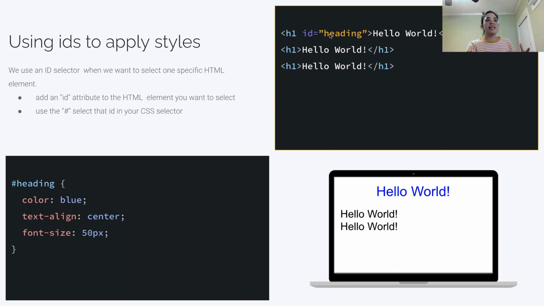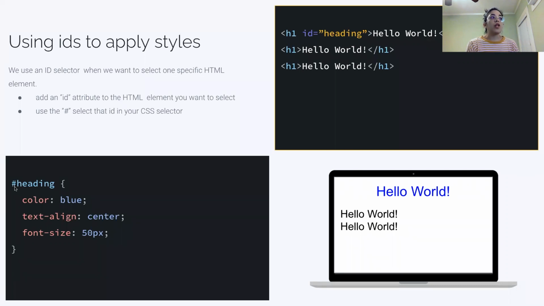So using IDs is really handy if you want to target one specific element of many. In this case, I am targeting the heading ID, and you'll notice this little pound sign or hash symbol here, and that is the syntax that CSS uses to look for an ID.